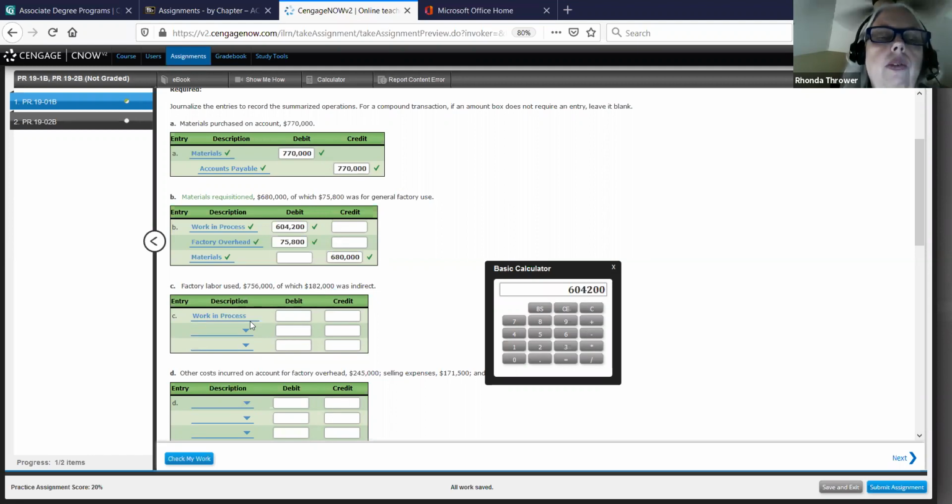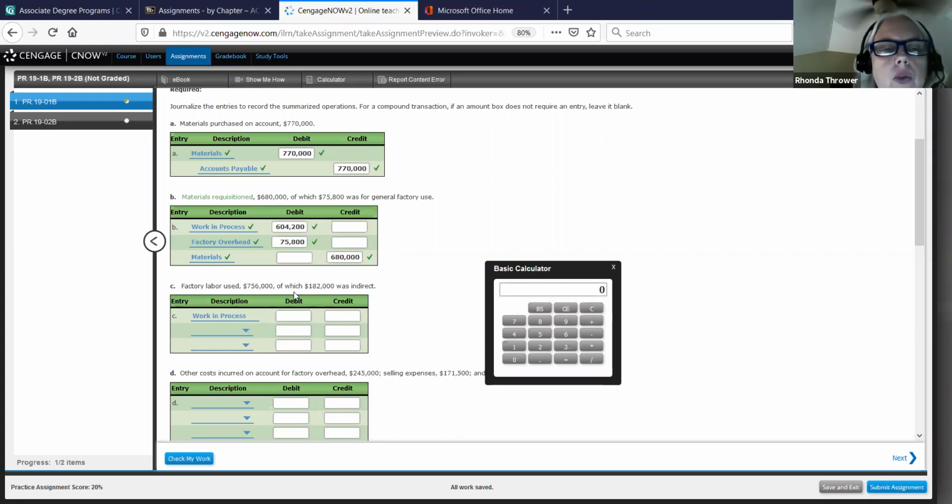So our work in process account is going to be holding our materials, which we showed you here that were direct materials. It's also going to hold direct labor, and it's also going to hold our applied factory overhead. So we're debiting the work in process for the amount of the factory labor that was direct.